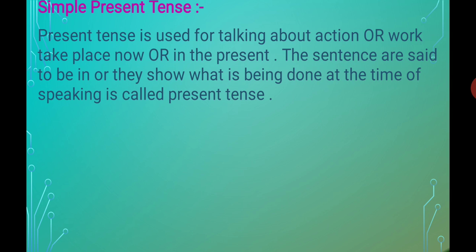Correct? It is a very easy way to identify the simple present tense. So just remember one thing: if the action takes place now, or in the present, or at the time of speaking, we can identify the simple present tense.